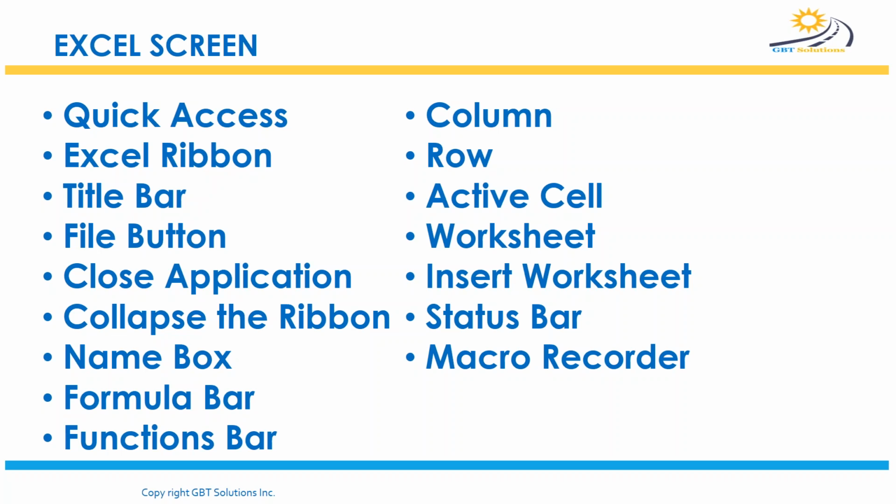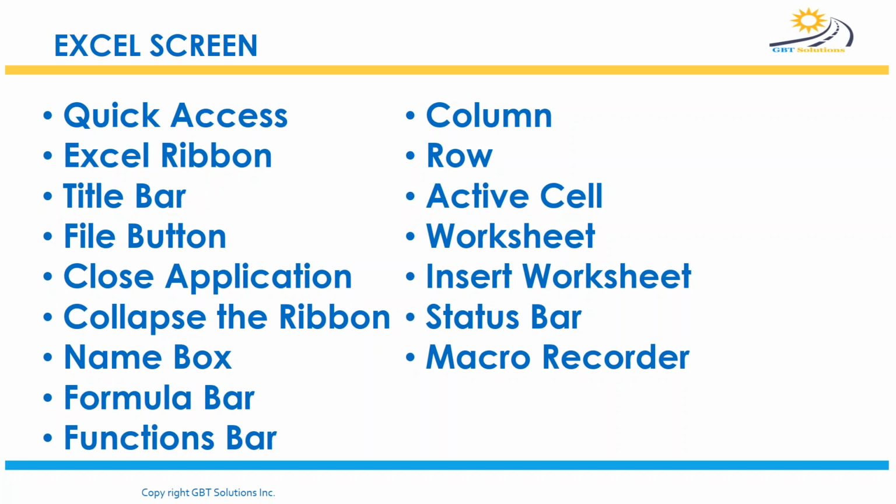So we have the File button, which is in line with the Excel ribbon, but is not part of the Excel ribbon. And this forms a backstage view or the background view of the Excel workbook. And then we have this where to close the application, collapse the application.